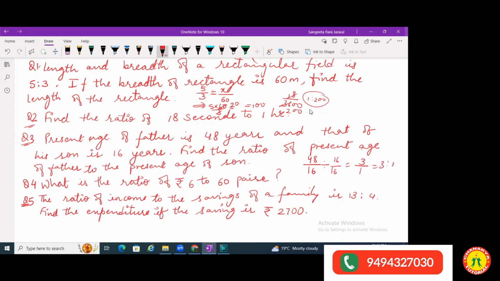So that's the ratio, 3. Okay, this is correct. Fourth one is correct.